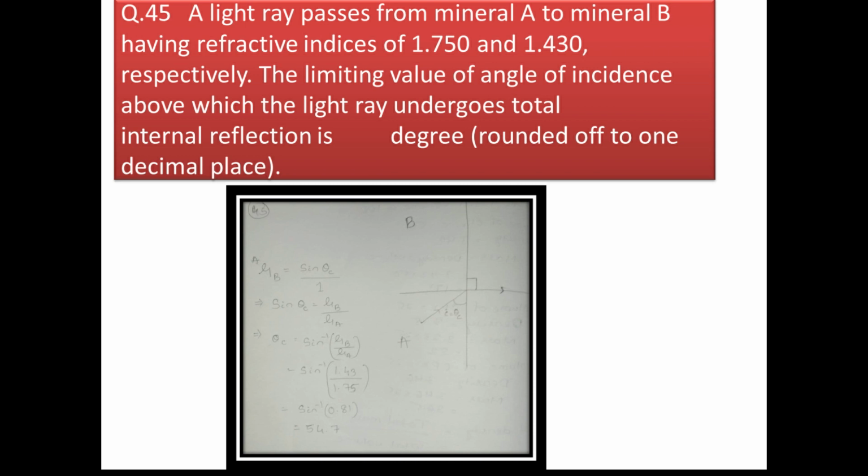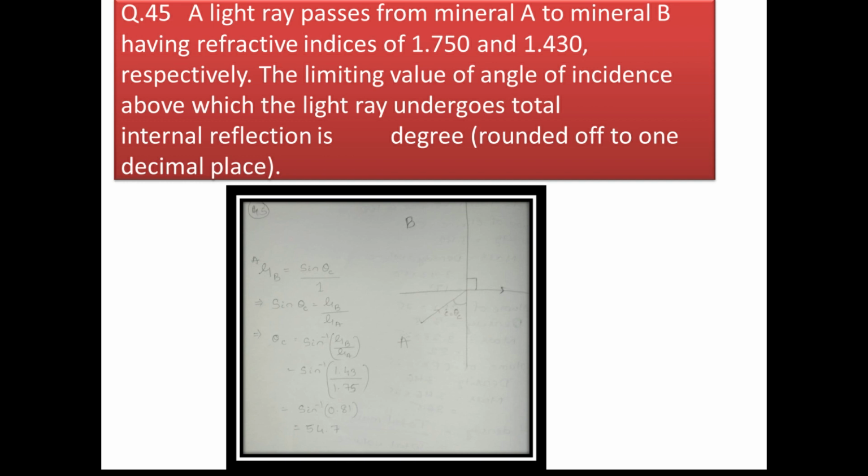Okay, angle of refraction is 90 degree, so sin 90 equal to 1, mu equal to sin theta divided by 1. Okay, and from our previous knowledge we know that mu AB equal to mu B divided by mu A. That implies sin of critical angle, that is sin theta C, equal to mu B by mu A, and if you calculate, the value of critical angle comes out to be 54.7 degree.